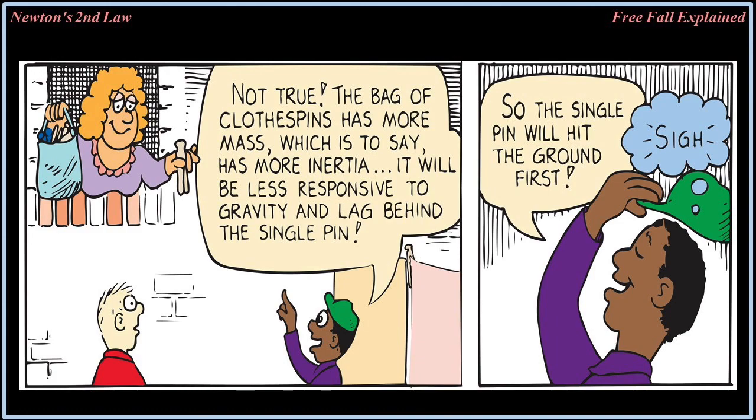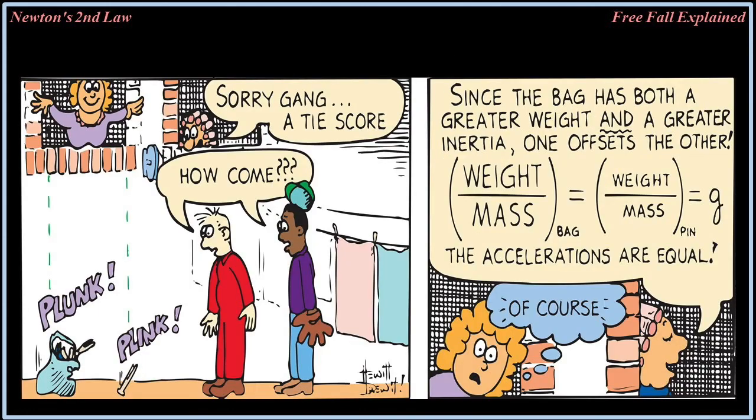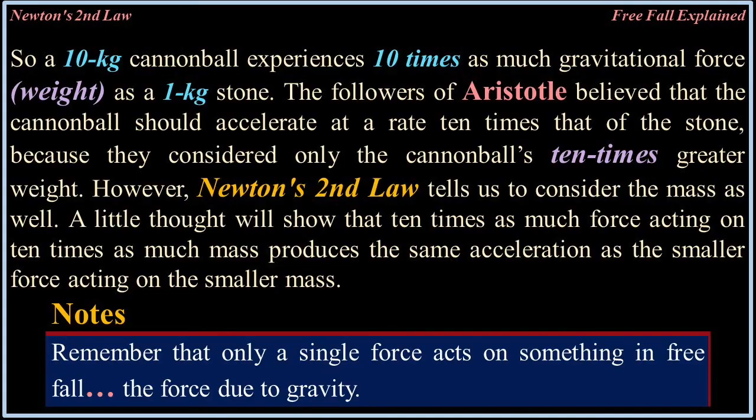It will be less responsive to gravity and lag behind the single pin. So the single pin will hit the ground first? Very curious. Sorry gang, a tie score. How come? Since the bag has both a greater weight and a greater inertia, one offsets the other. Weight over mass for the bag, and less weight and less mass for the pin, they both equal g. The accelerations are equal, of course.